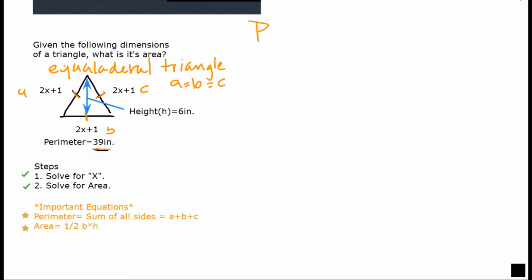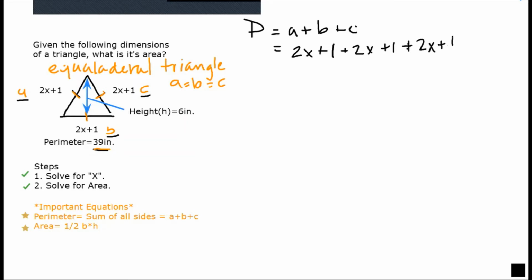So we're going to write P. P is equal to, we said, side A plus side B plus side C, which is 2x plus 1 plus 2x plus 1 plus 2x plus 1.